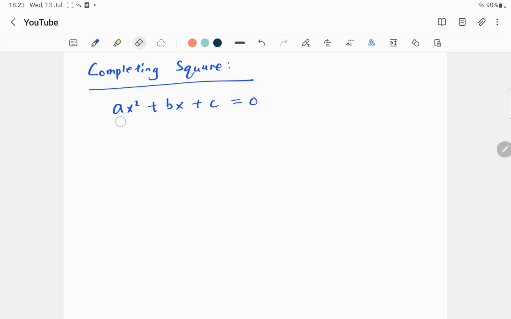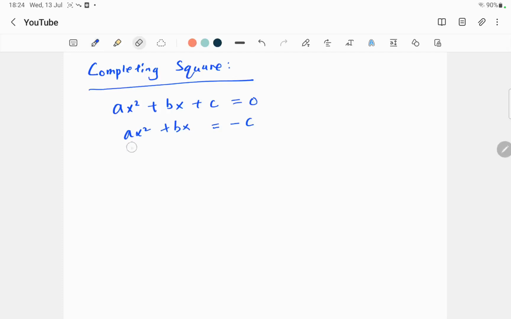So first of all, we need to move the non-relevant term, which is c, to the right hand side. When you move the c to the right hand side, it becomes negative c. As I mentioned just now, the next thing we need to do is make sure that the coefficient of the x squared is equal to 1.